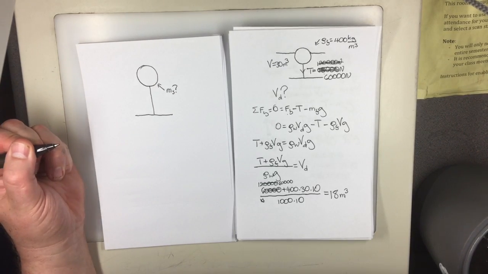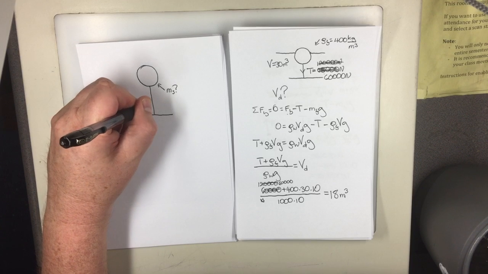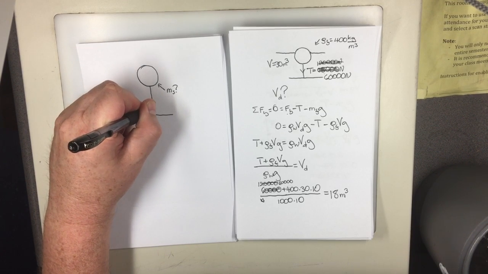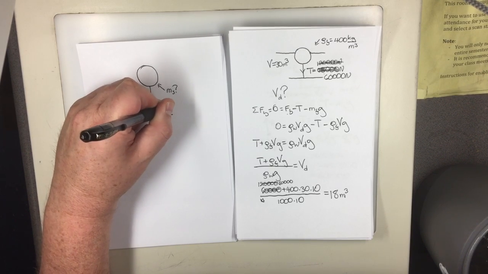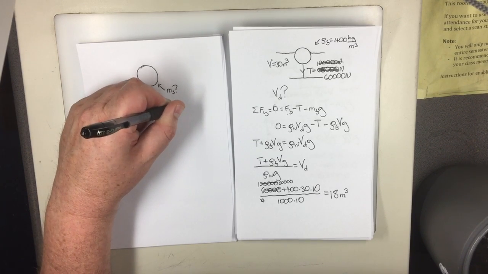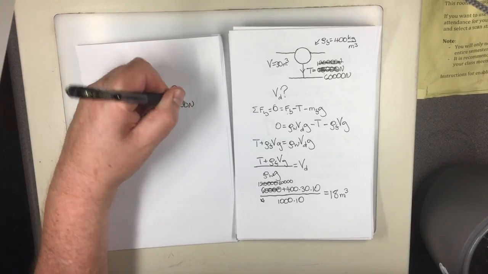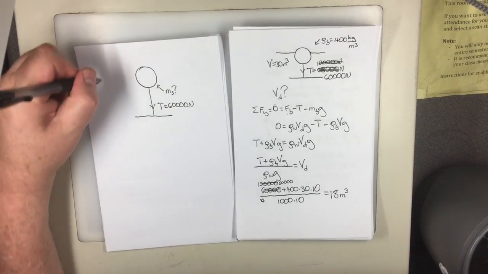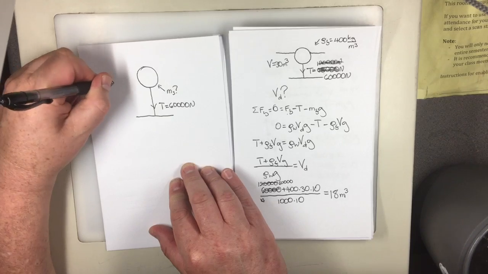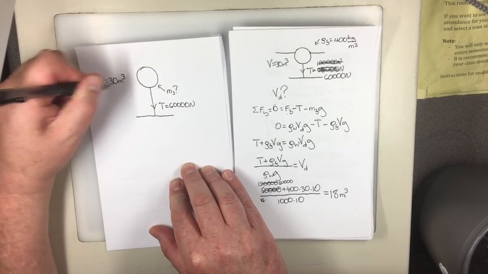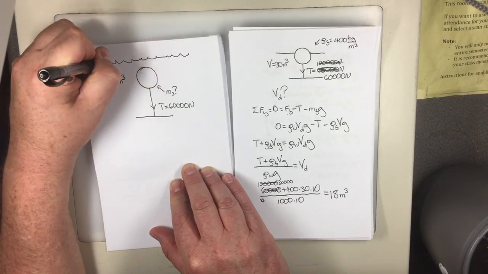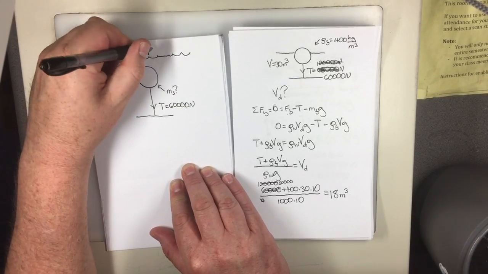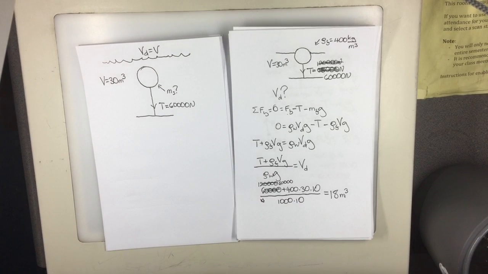That's the unknown. The tension in this string is going to be 60,000 newtons. The volume is 30 cubic meters. It is completely submerged. So the displacement volume is equal to V.